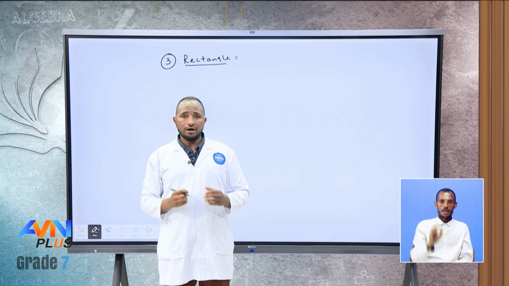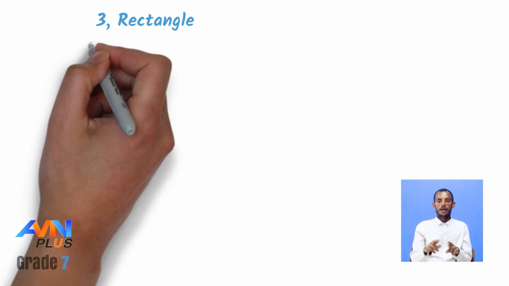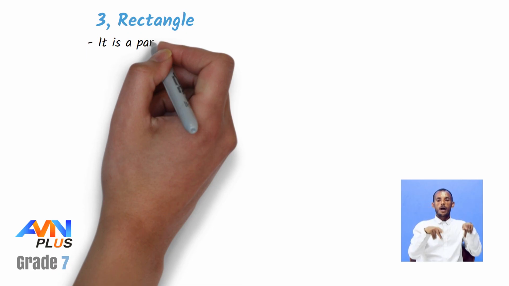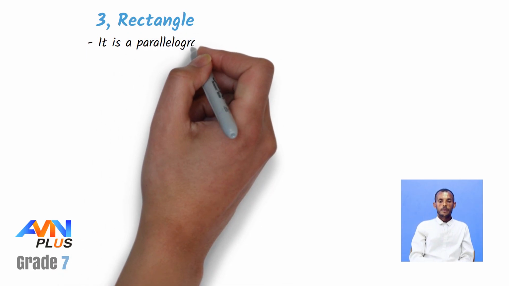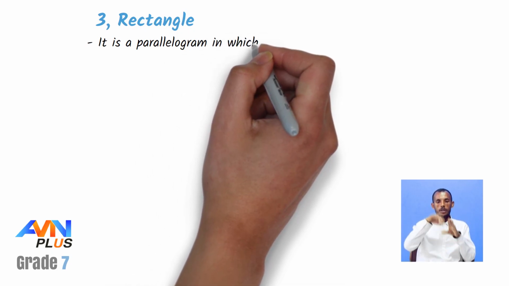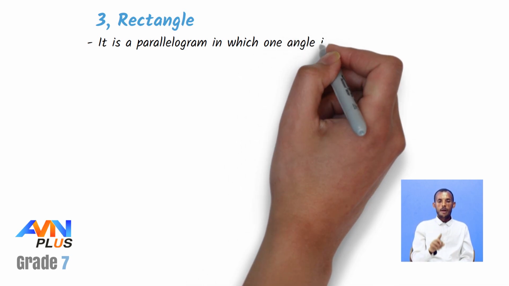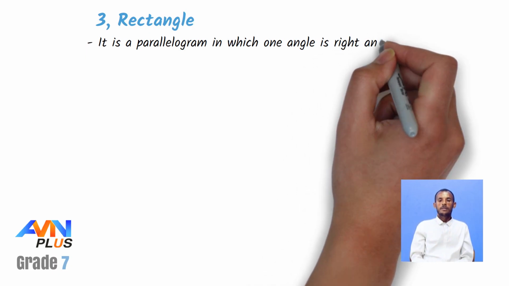So let's define this form. A rectangle is a parallelogram in which one angle is a right angle.